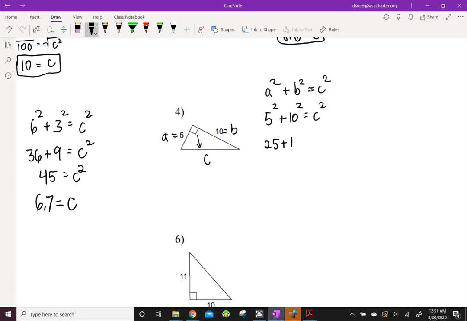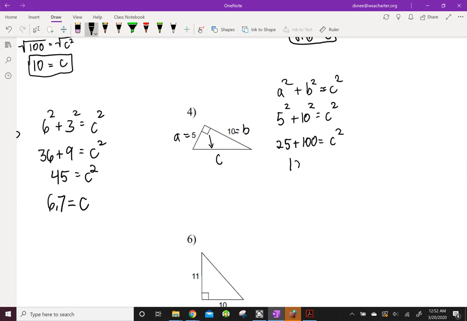You should probably say it as well, then explain it. So 125 equals C squared. And then we'll take the square root of both of those, and that's going to be 11.18. So 11.18 rounds up to 11.2. 11.2 is equal to C.